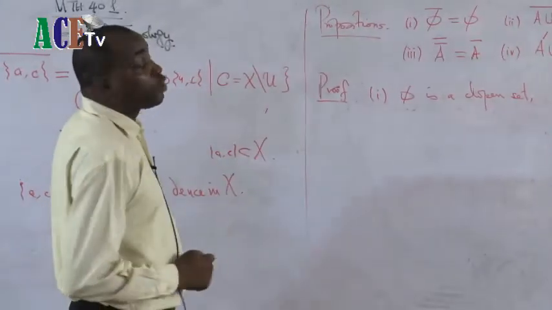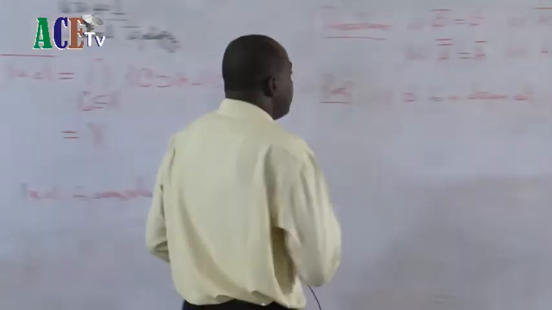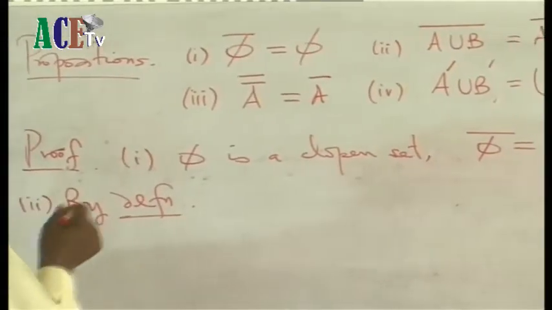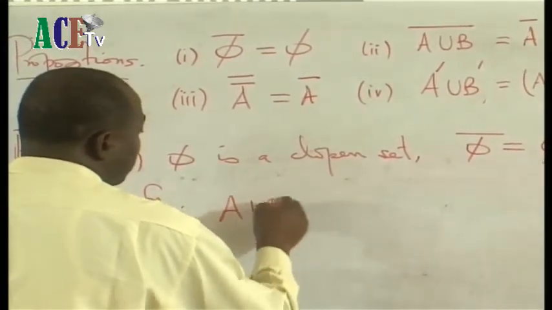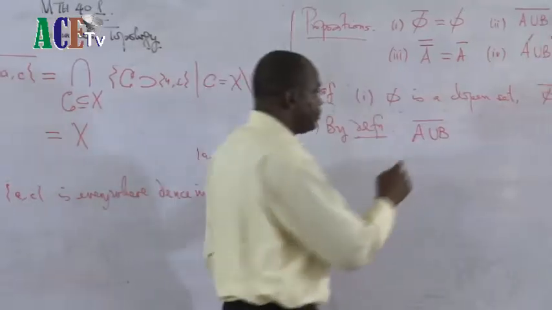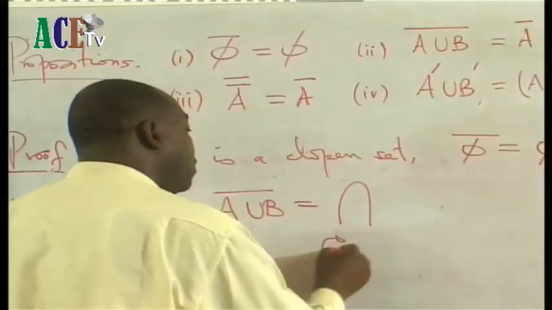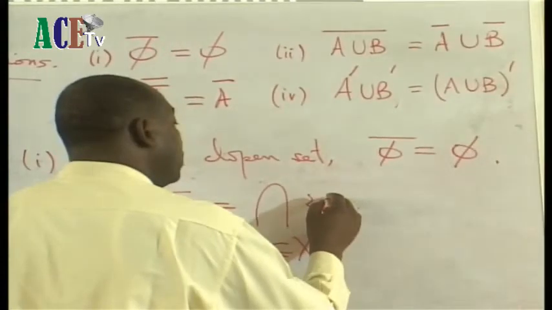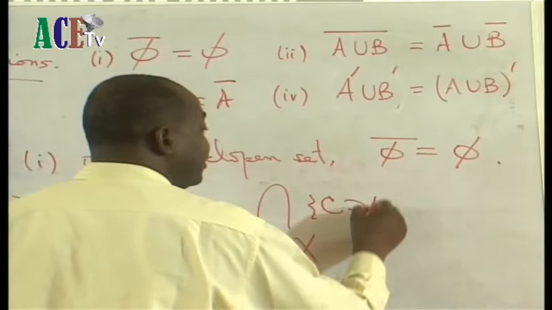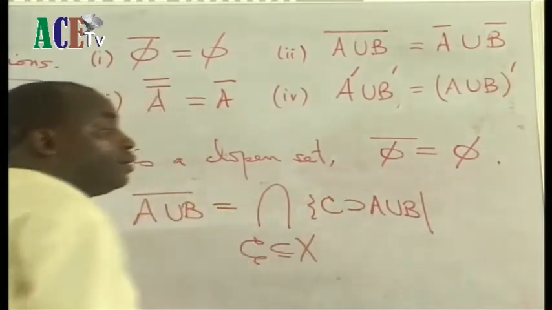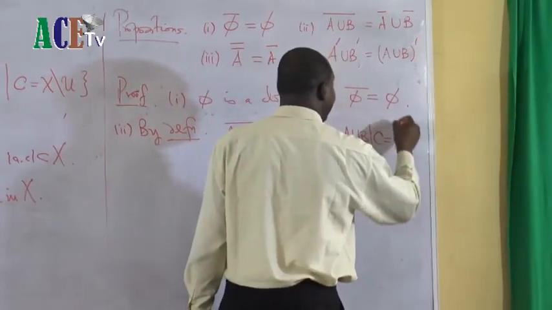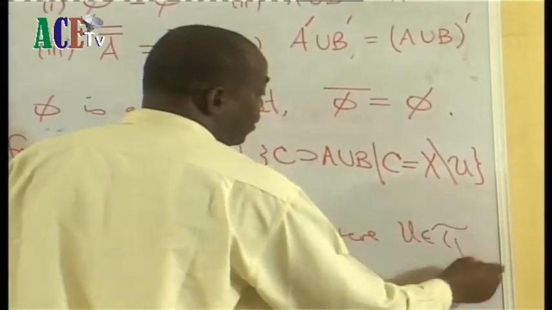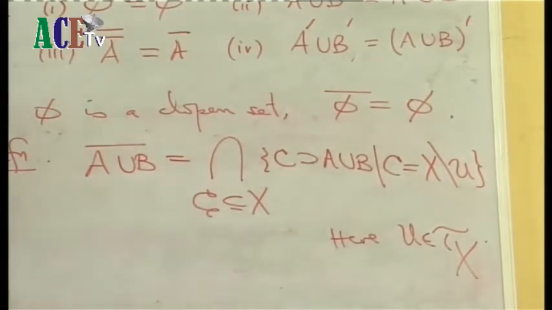Now, let's look at the closure of a union of sets. By definition, the closure of A union B must be the intersection of all closed sets contained in X such that the closed sets contain A union B, where C is X take away U. Of course, you know that here U is a member of the topology on X, an open set.